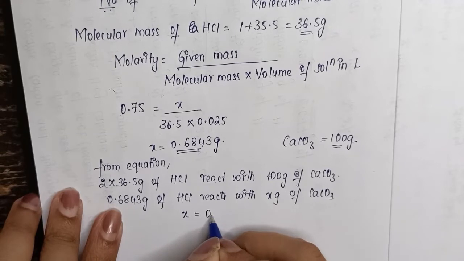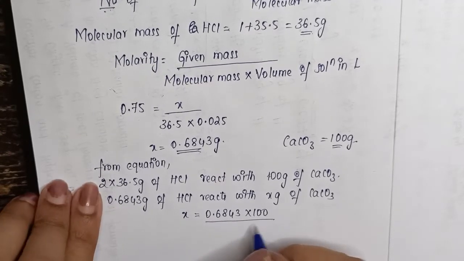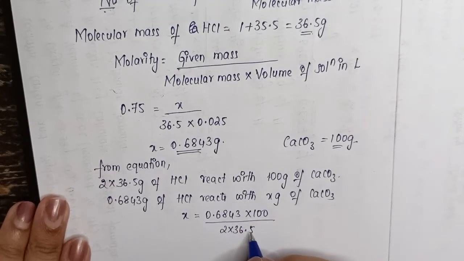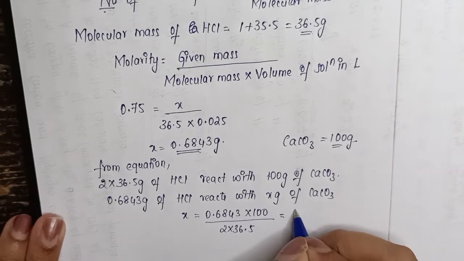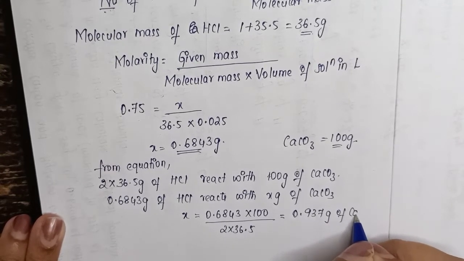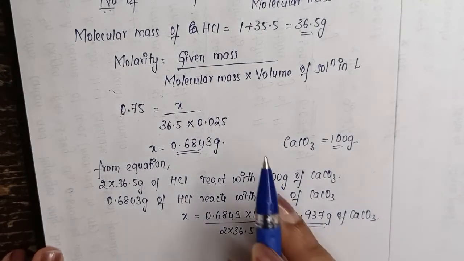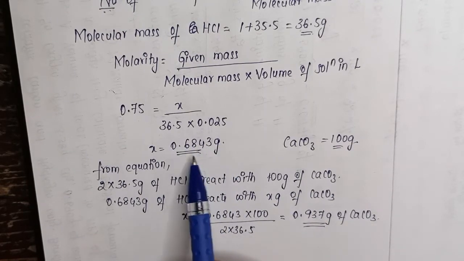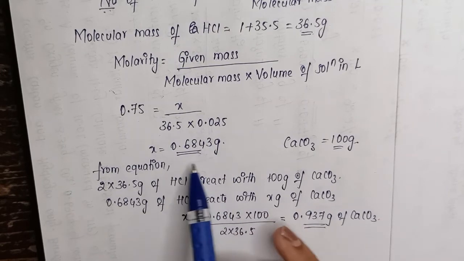X is equal to 0.6843 into 100 divided by 2 into 36.5. Now when we simplify this entire thing, our answer is going to be 0.937 grams of calcium carbonate. So this is going to be the answer for the question asked. So first you find out the given mass of HCl. From that it's easy for us to calculate the mass of calcium carbonate required for this much HCl.